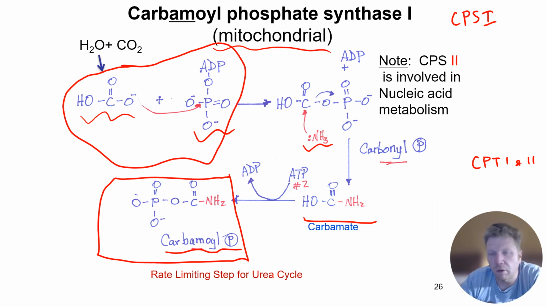Those enzymes are involved in the transport of fatty acid ACPs into the mitochondria. Carbamoyl phosphate synthase 1 is a mitochondrial enzyme, and its purpose is to make carbamoyl phosphate. There is also a CPS2, which we will talk about a little bit later when we talk about nucleic acid metabolism.